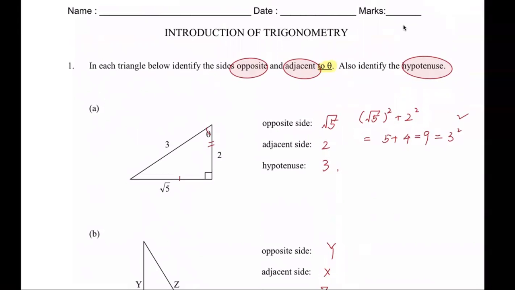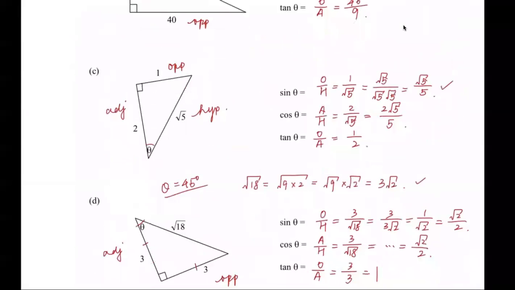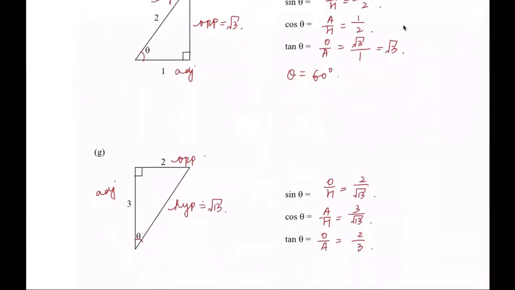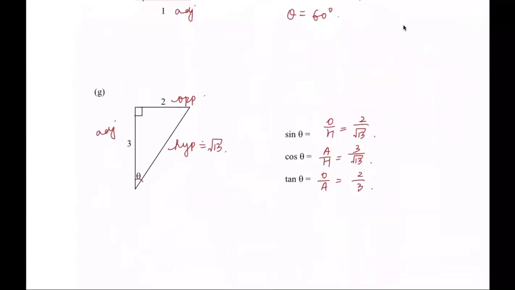Question 1 has seven small questions, and these 7 questions are of the same type. So by now we should be familiar with sine, cosine, and tangent, opposite side, adjacent side, and hypotenuse, and their relations.